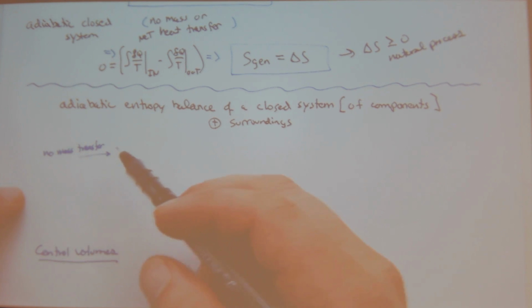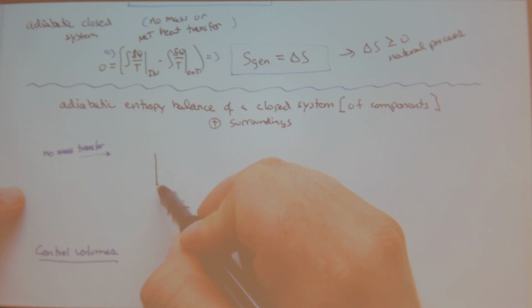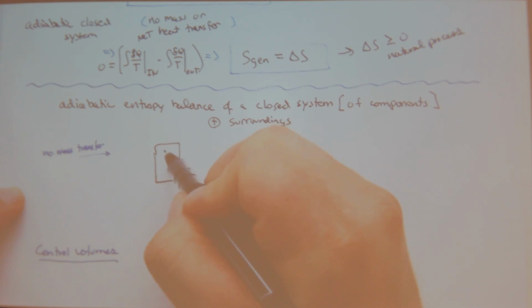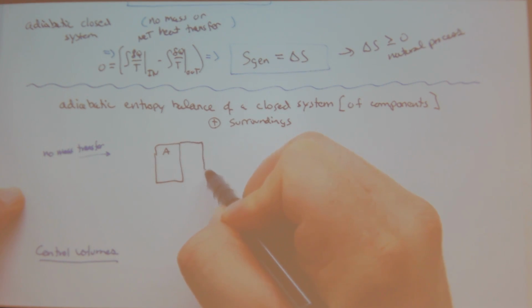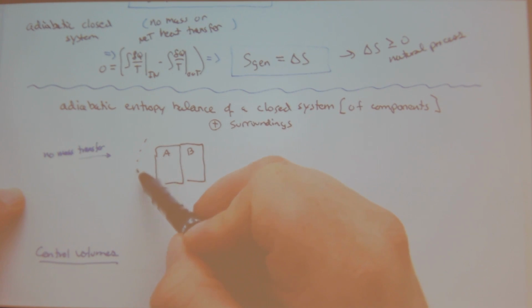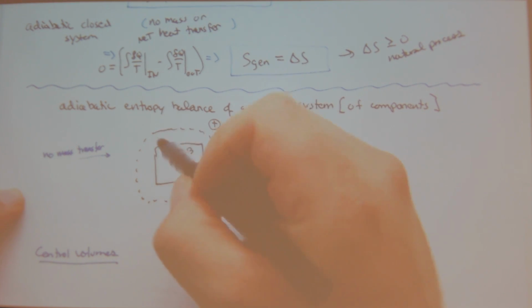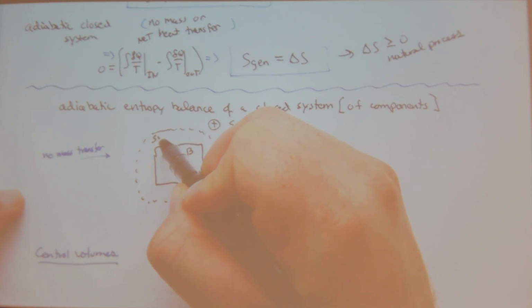So no mass transfer. So it's of components, so we'll say component A and component B. And I have my surroundings.